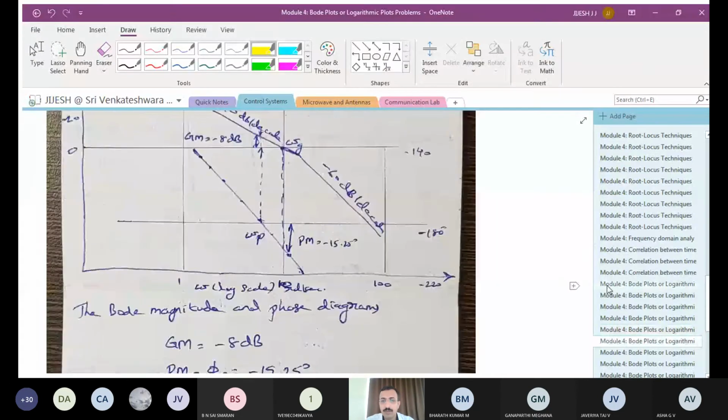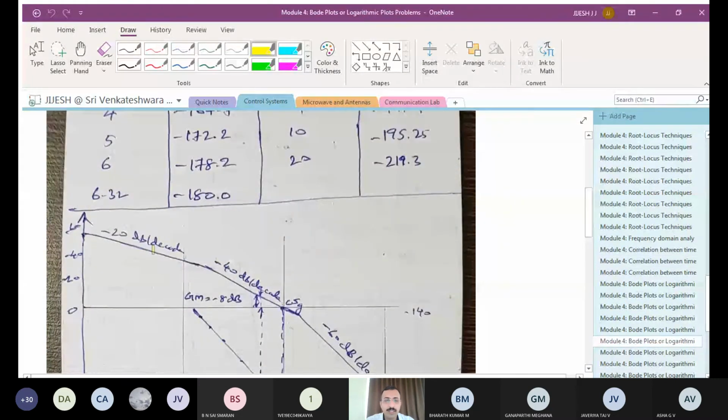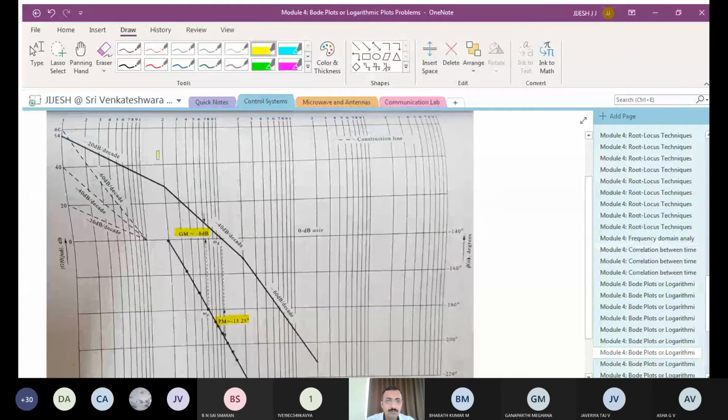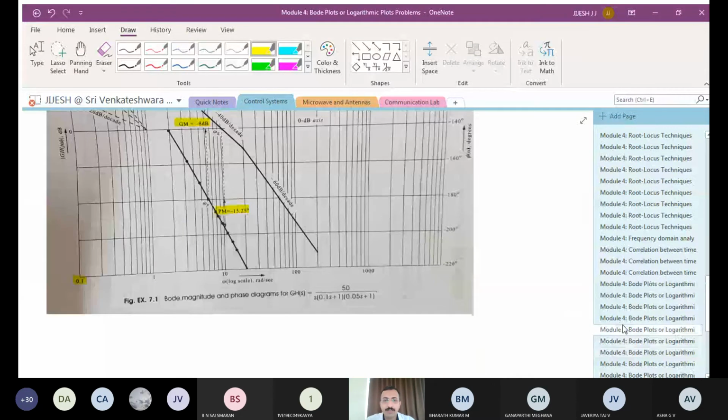See here, when I go back to the plot, you can see that this point, that is at omega equal to 0.1, you can put this as 54. I have a good figure for you. So the same figure, see here, at 0.1 I have to first put this point at 54. So first I will get that point 54. Okay, so that is what we have completed now.